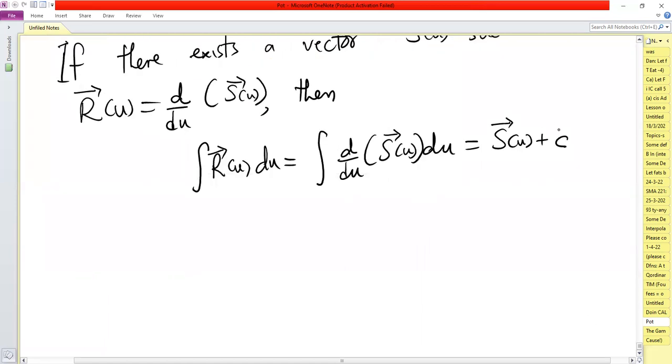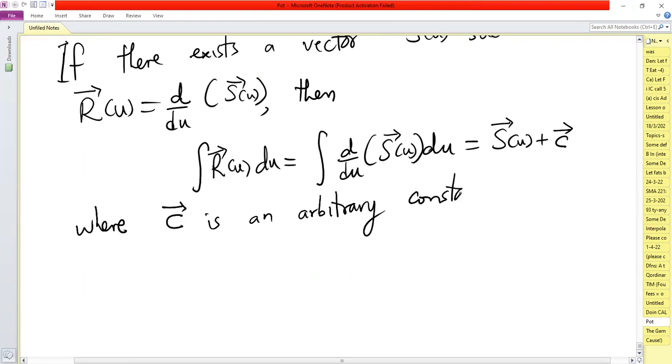This constant here is also another vector, where C is an arbitrary constant vector, independent of the variable u.